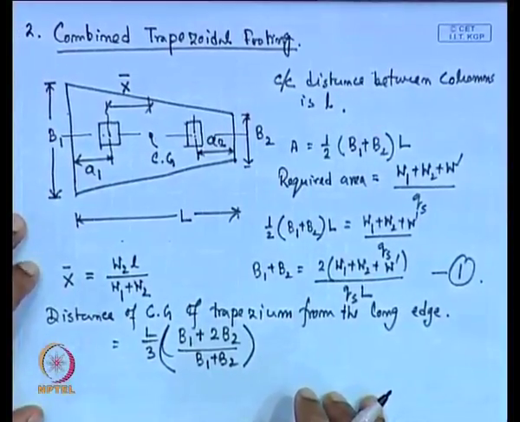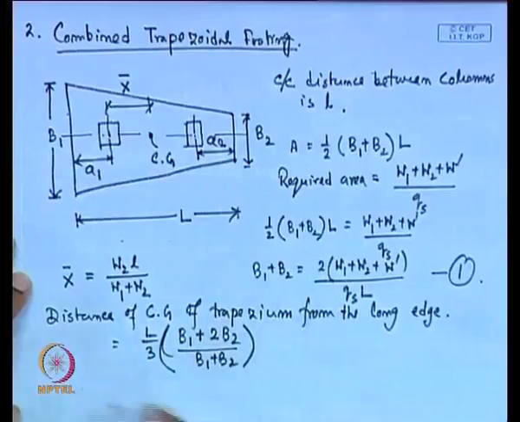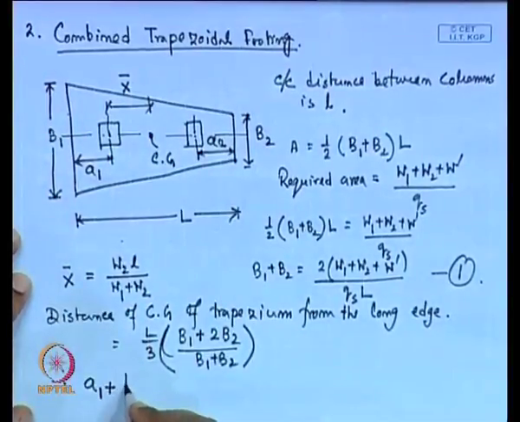This is the expression of the location of the CG. So, now we can write, from this figure, that A1 plus x bar is W2 into l divided by W1 plus W2.